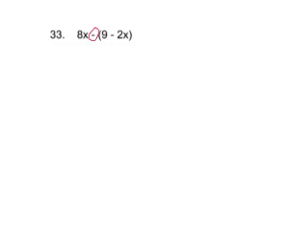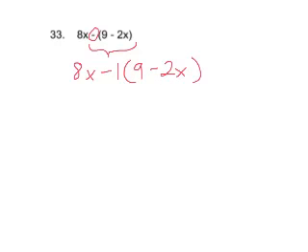This could be rewritten like this: 8x minus 1 times 9 minus 2x. Because the negative in front here is a negative 1 understood.